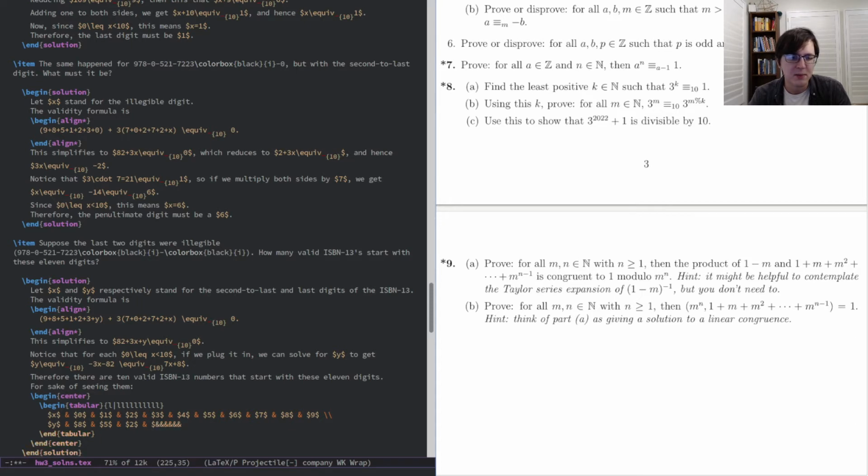Now, decrease by 3, I can also add 7. So that's 9. Then decrease by 3, 6, 3, 0. I can add 7. Decrease by 3 is 4.